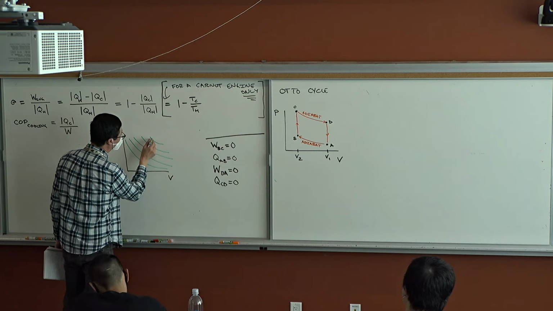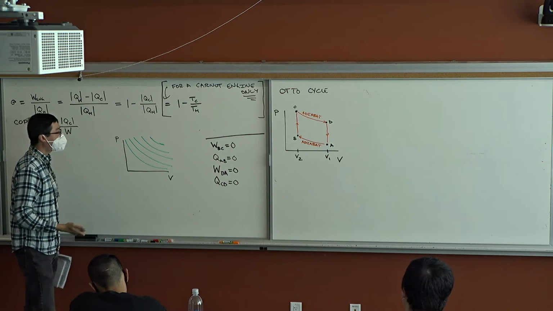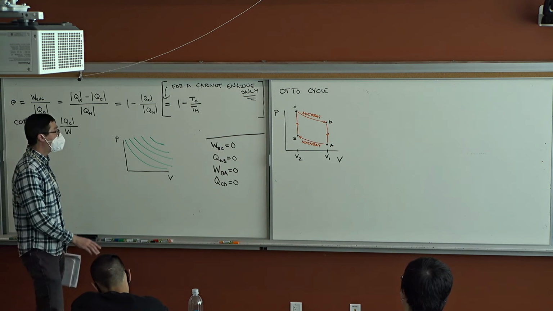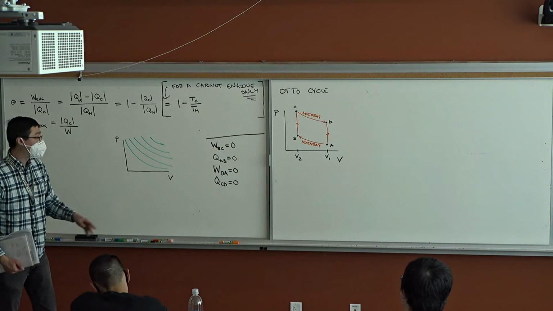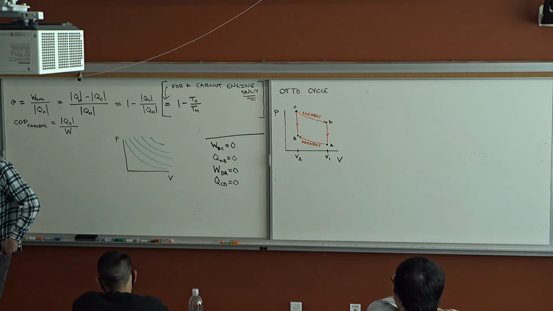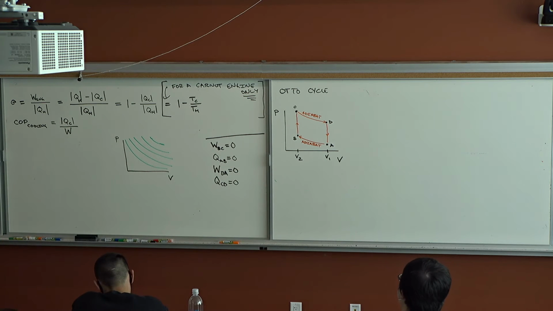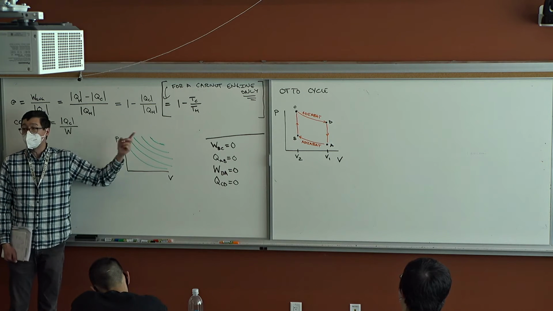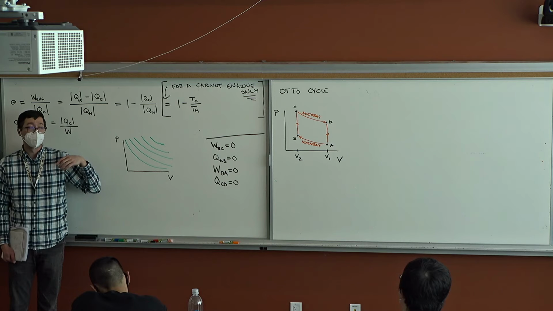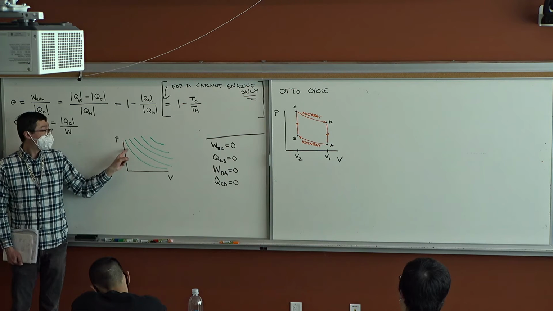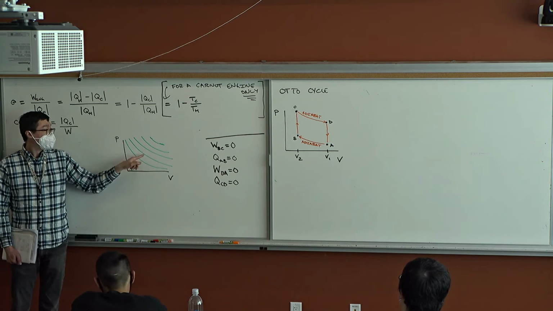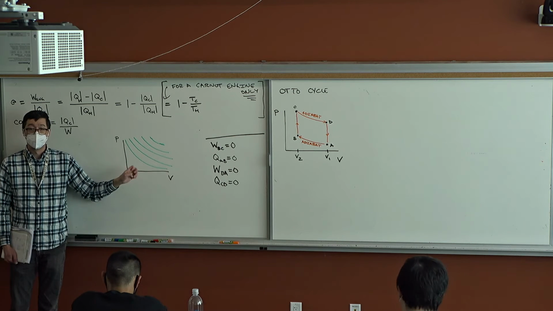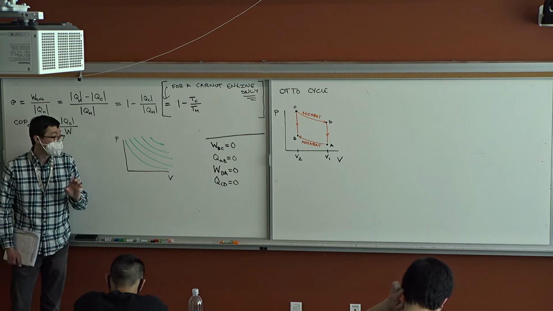Then, how is the temperature changing across these isotherms? Not changing, it's constant. So as I go this way, what's happening to temperature? Temperature is increasing, right? So everywhere on this is the same temperature, but every point on this is a higher temperature than every point on this, yeah? Okay.